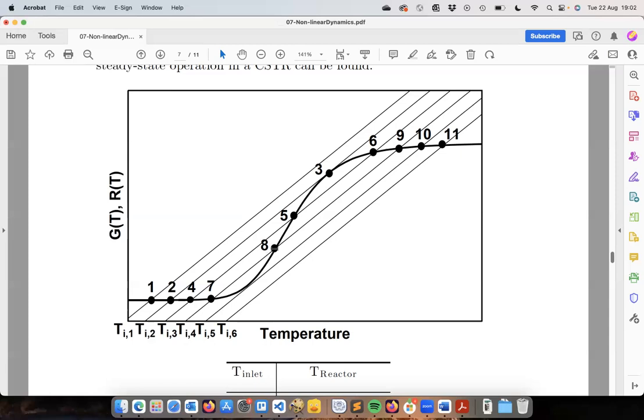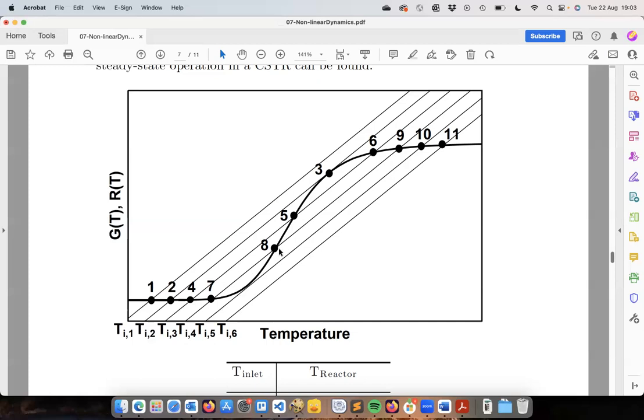And also, if we look below 0.8, if the temperature drops even slightly, then the removal rate, right? The straight line is the heat removal rate. That becomes greater than the heat generated rate. And so we would fall back down to the steady state. So 8 is what we call an unstable steady state.